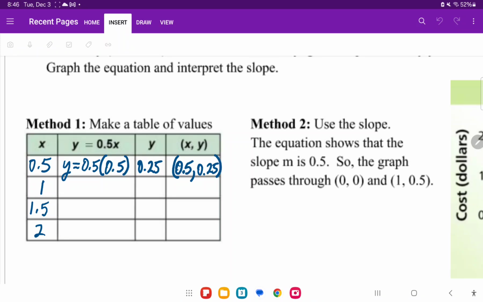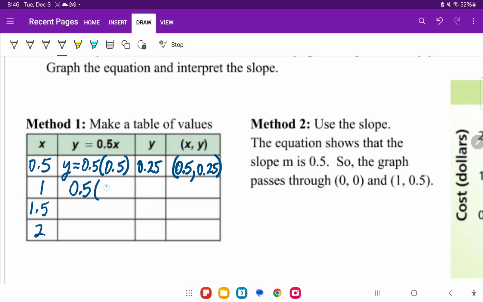Okay, so then we are going to do the next one. And I'm not going to put the y this time. I'm just going to put what the equation is. 0.5 times 1 is just 0.5. And so our data point here is 1, comma, 0.5.